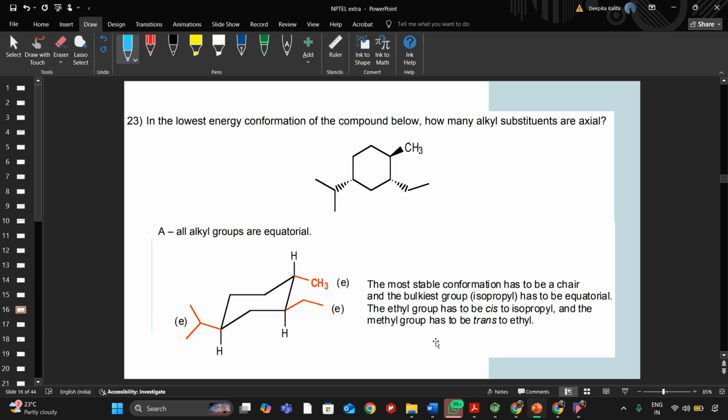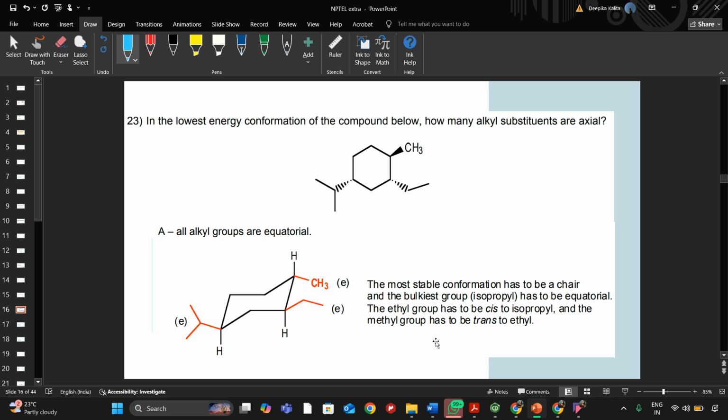In the next question, in the lowest energy conformation of the compound below, how many alkyl substituents are axial? So, as we can see, the isopropyl and ethyl substituents are cis, but the methyl substituent is trans to the other substituents present.